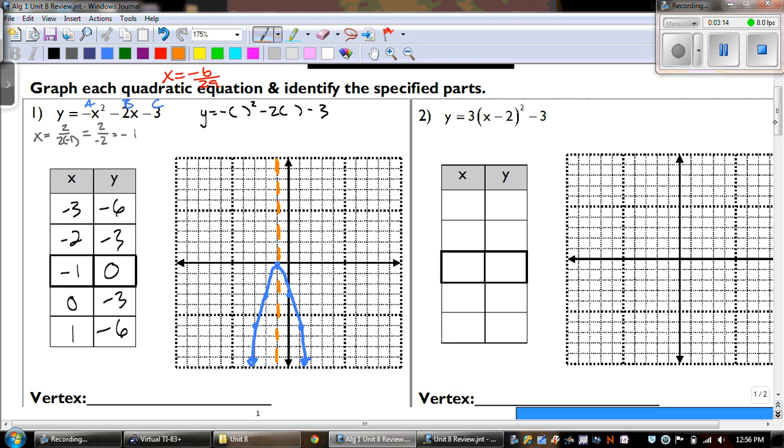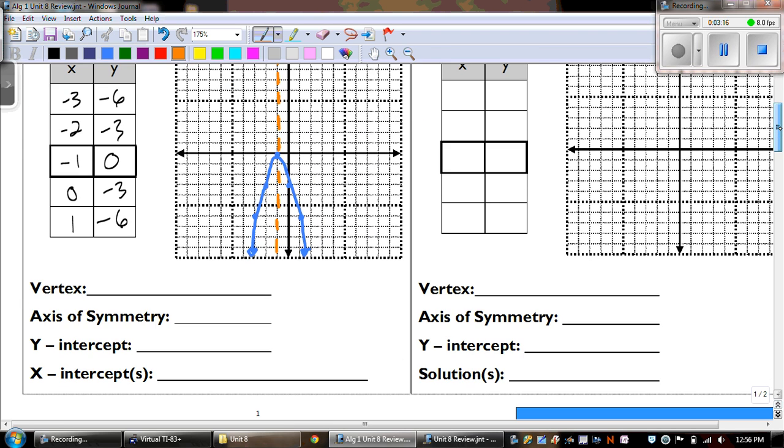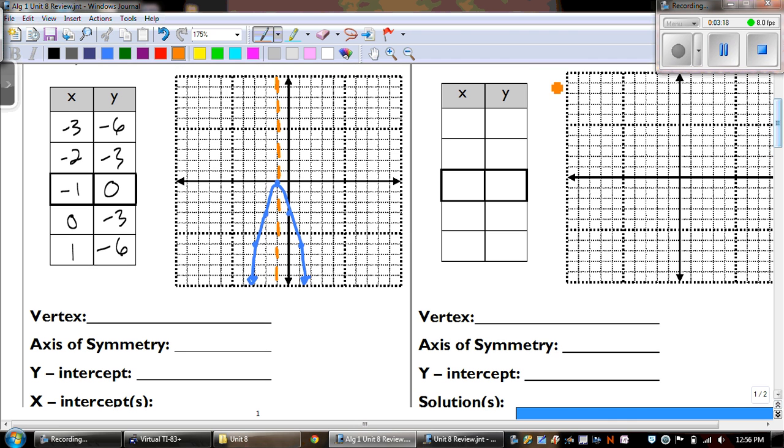Okay, now let's answer those questions. So our vertex, remember the vertex is the middle point. So negative 1, 0. Axis of symmetry is the equation of the line that we just drew. That's x equals negative 1.